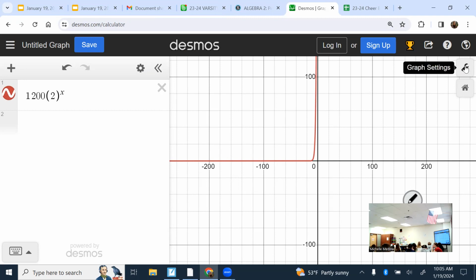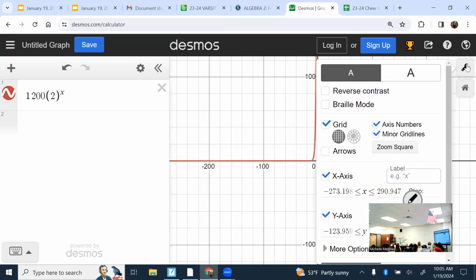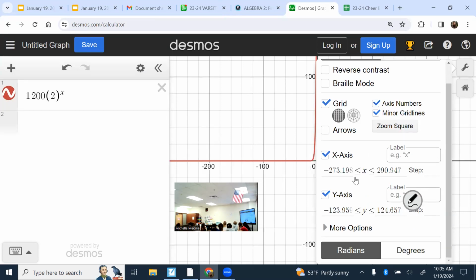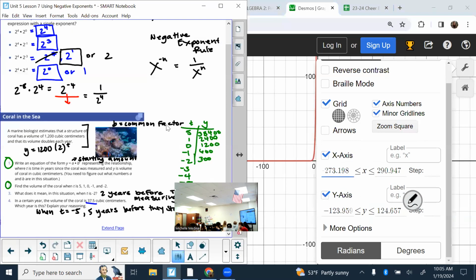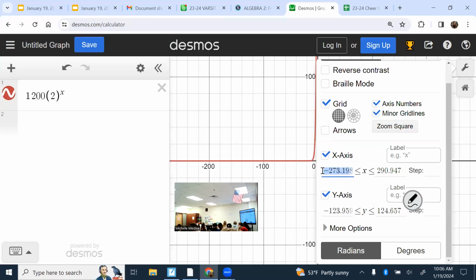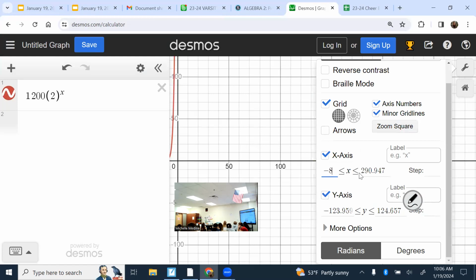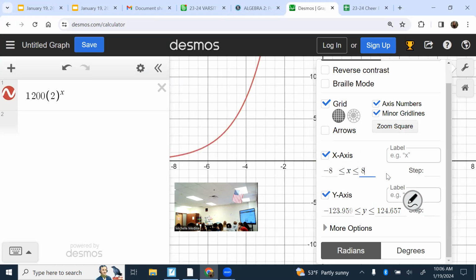Depending on what calculator you have, if you have your own graphing calculator, Google how to adjust the window on that one. For Desmos, you hit this little wrench, and then it has parameters for your X and Y axis. So if my X's go from -5 to +5, then I'll probably pick some X's near that, like -8 and +8, so I can see it better.